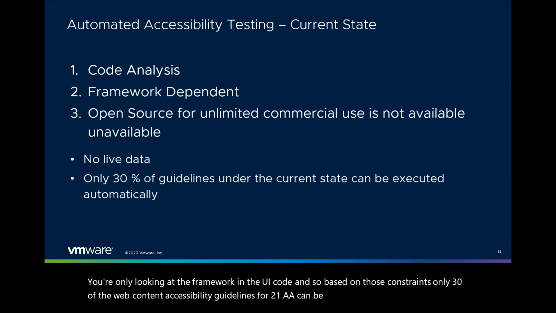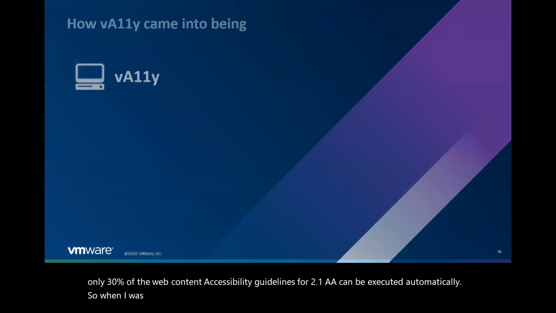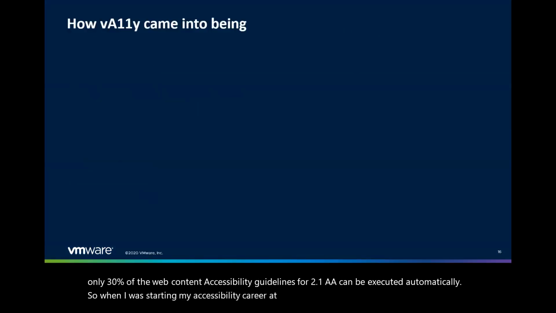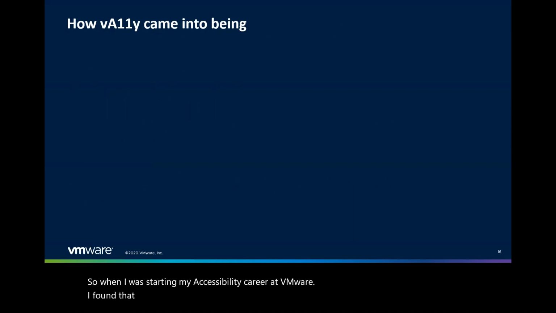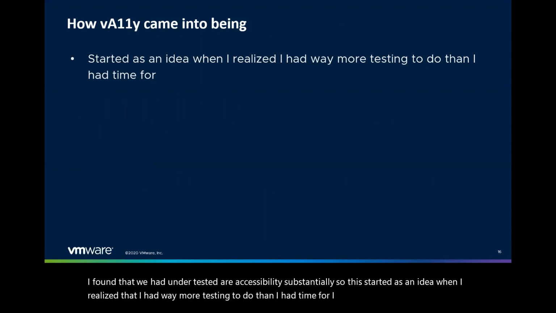When I was starting my accessibility career at VMware, I found that we had under-tested our accessibility substantially. This started as an idea when I realized that I had way more testing to do than I had time for. I was a testing team of one at that point.